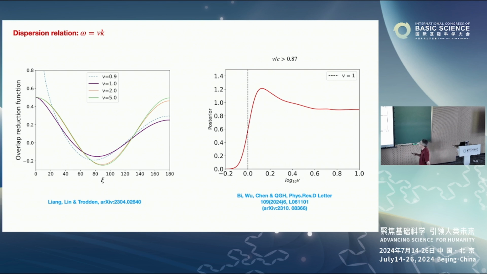And for different values of V, we can see that it will modify the overlap reduction function, the spatial correlation between the signals. We use the NANOGrav 15-year dataset, and we find the lower bound for the velocity of gravitational waves is 0.87. But anyway, the prediction of general relativity is still consistent with the current dataset.